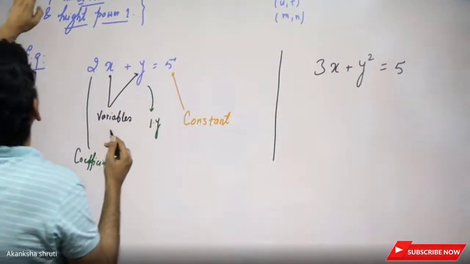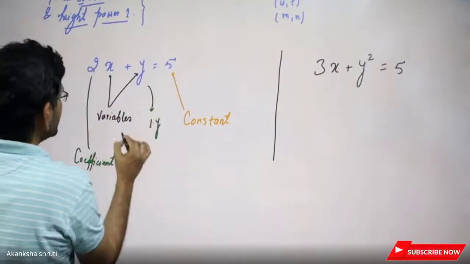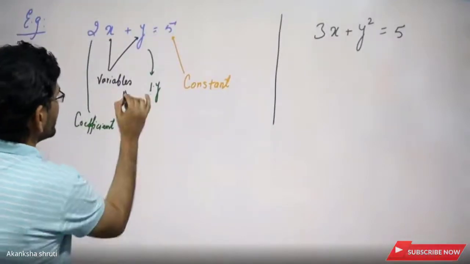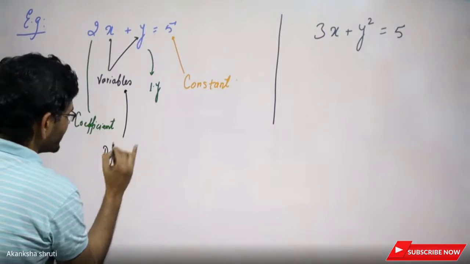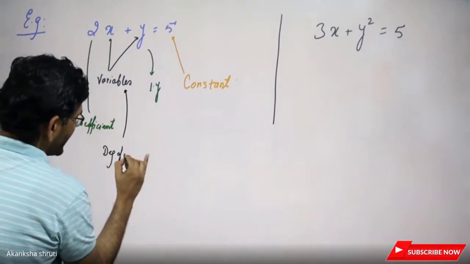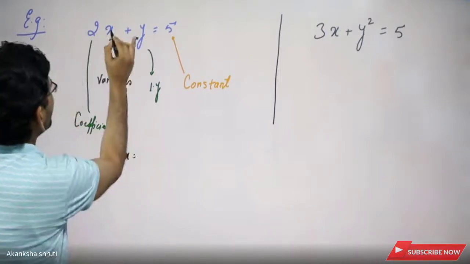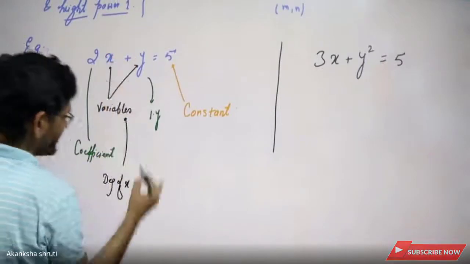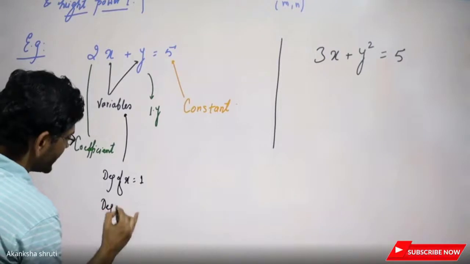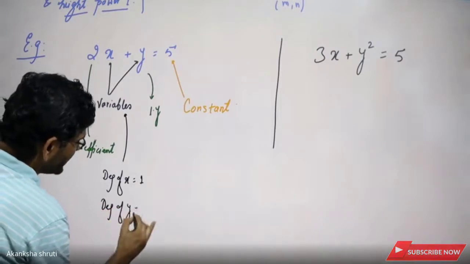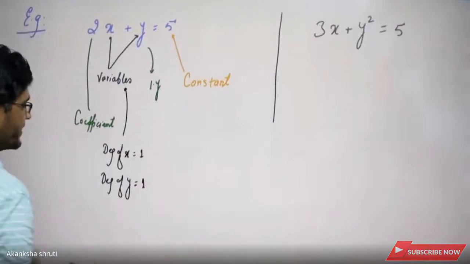Here we are getting the variable degree or power. The degree of x means the power of x. Nothing is mentioned here, which means the power is 1. Also the degree of y is 1.